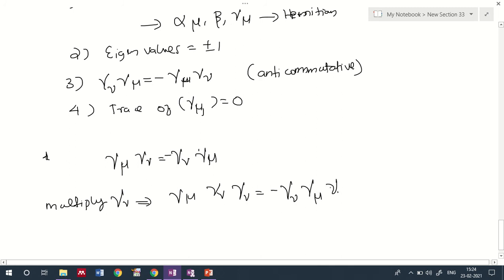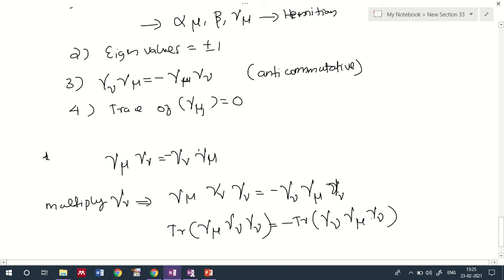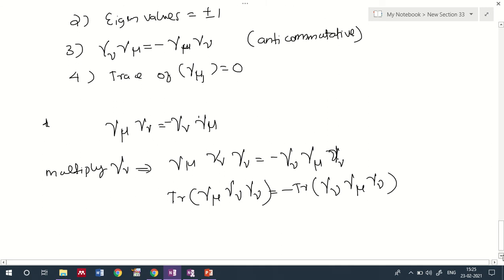Don't be confused, just try to understand what I am trying to say. Instead of mu and nu, you can put a and b as well. Then we take the trace of these matrices. Sometimes you may see gamma and nu look similar, but try to understand what we are trying to do here.